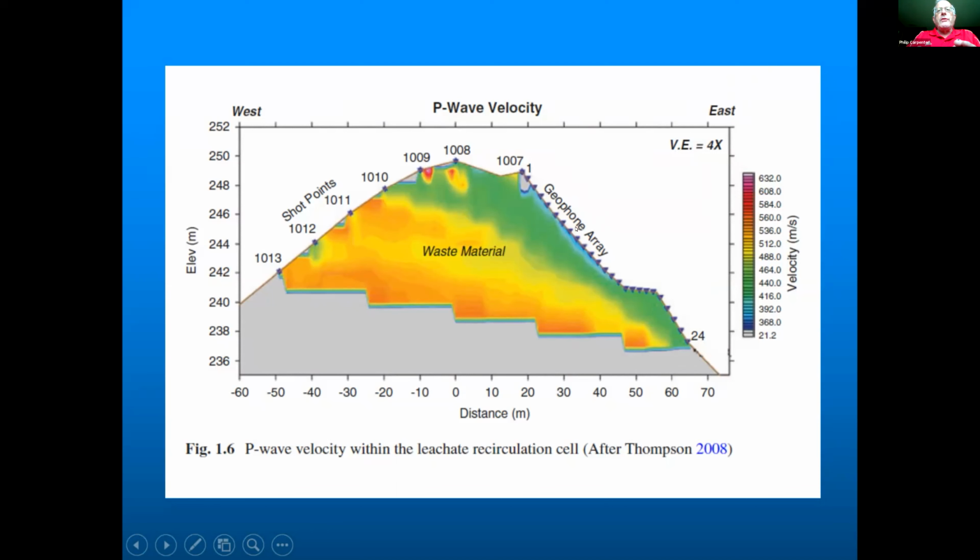Then this material up here is lower. There's a big boundary right here at about 246 meters, something like that. This is again a leachate recirculation landfill, so you've got degradation occurring in the waste material, and the mechanical properties are changing.